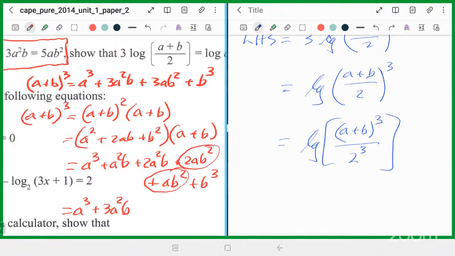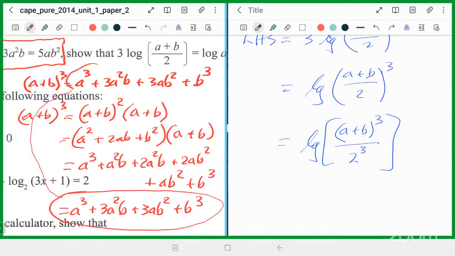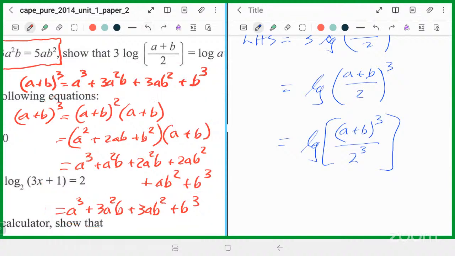So those add to 3ab squared. And then you have this b cubed plus b cubed. So you see, you're getting about the same thing that I wrote up here. But I prefer to just know stuff. All right, so that's why I could write this out of my head. All right, it's good to know.